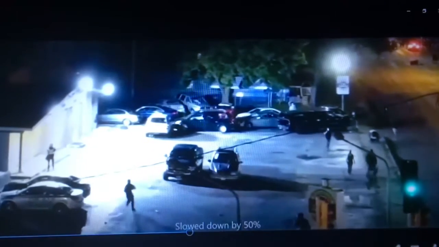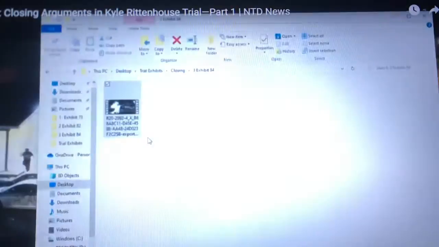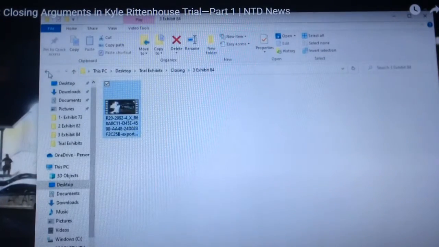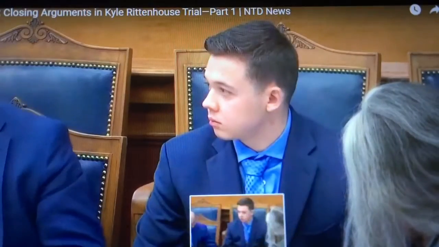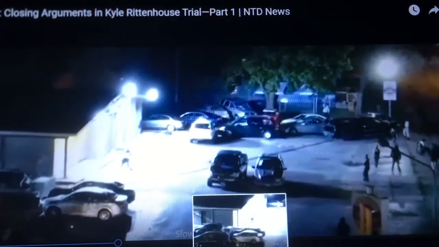They are simply trying to go after Kyle because it's easy to paint him as the villain with the deadly weapon. But actually, I would argue that if Kyle was not in control, he would have shot Rosenbaum right after here.